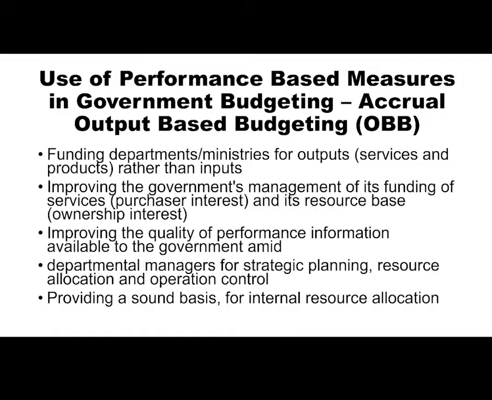So it is raised by the funding departments. Another use of these performance-based measures is improving the government's management of its funding of services, that is the purchaser interest and its resource-based ownership interest. Another one is improving the quality of performance information available in the government.